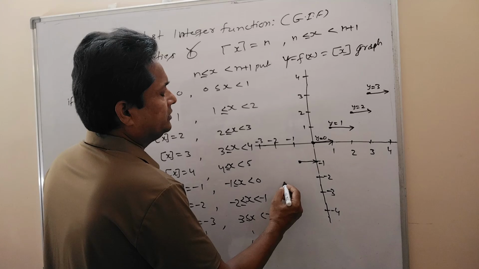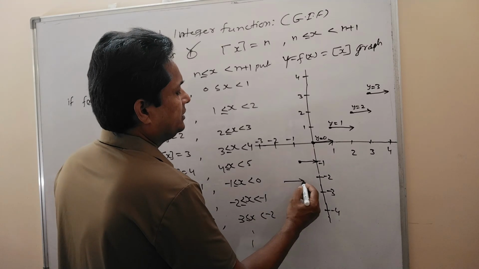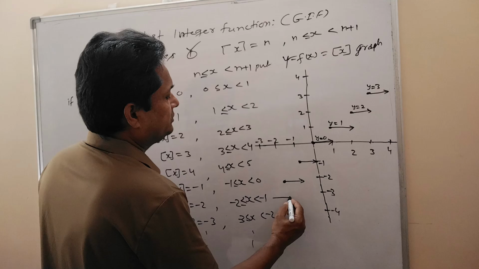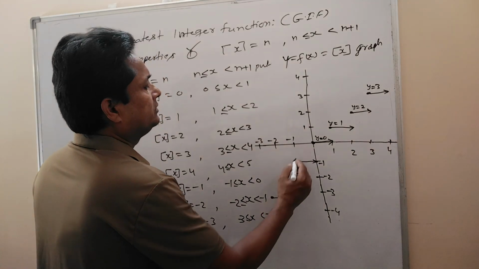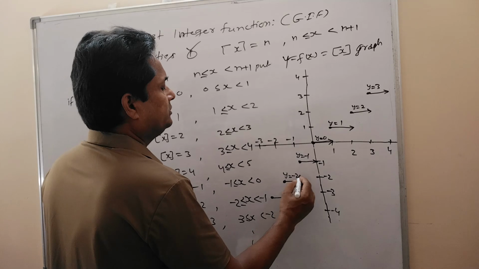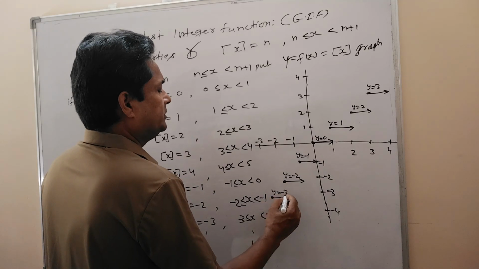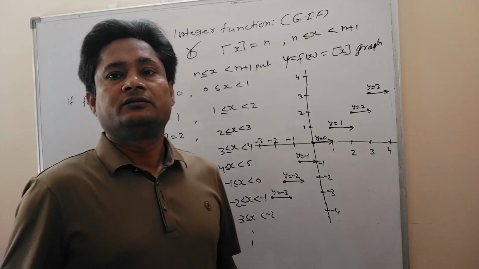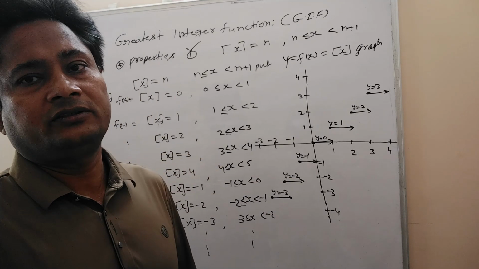And in between -2 to -1, its value will be like this one. -2 to -3, its value will be like this one. This is y is equal to -1, y is equal to -2, y is equal to -3, and so on. This is the graph of greatest integer function.